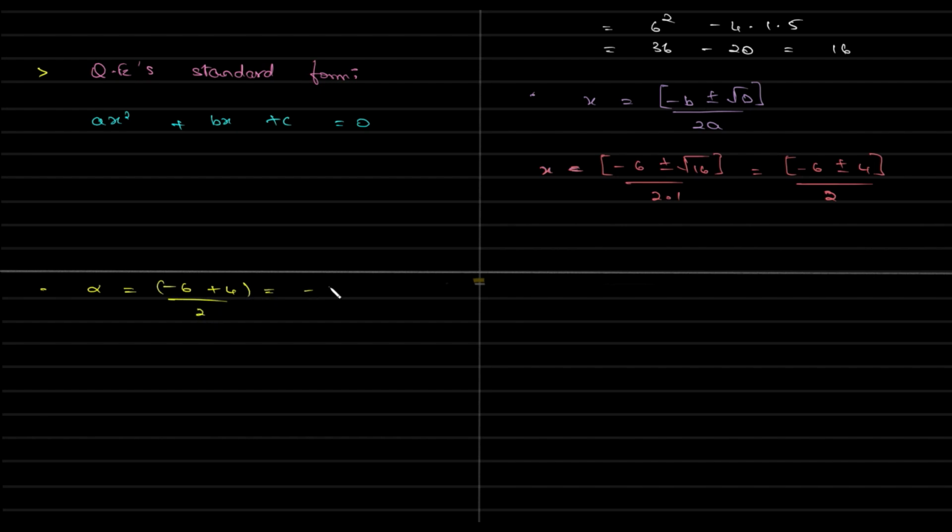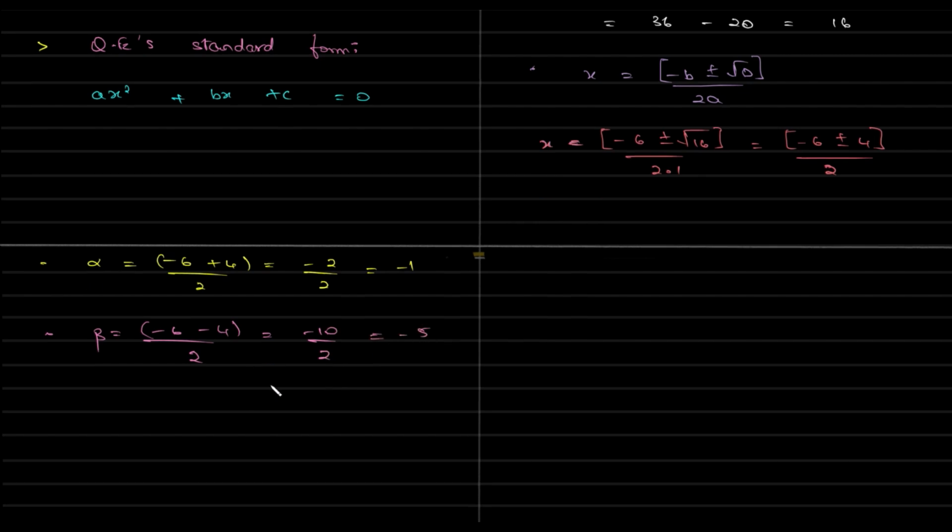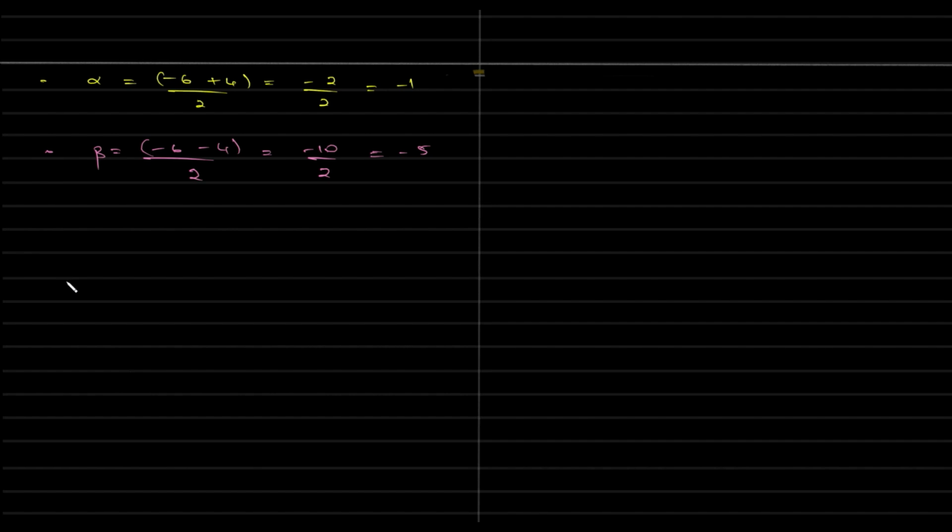This is minus 2 by 2, which is equal to minus 1. While your beta is equal to minus 6 minus 4 by 2, which is minus 10 by 2, which is equal to minus 5. And these are your alpha and betas, right? So the roots are minus 1 and minus 5.